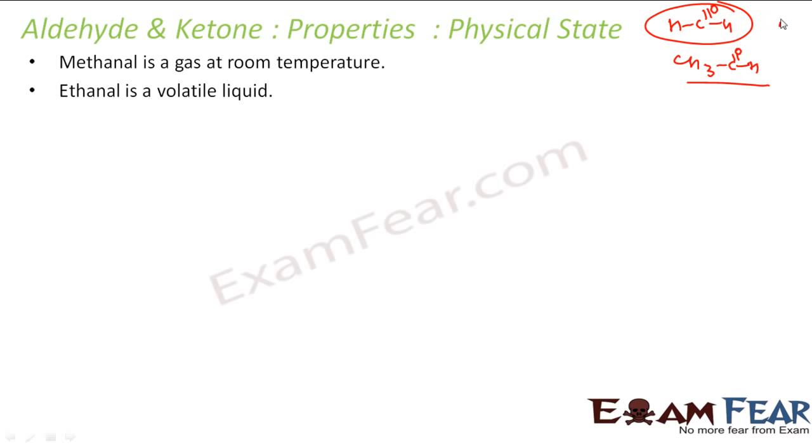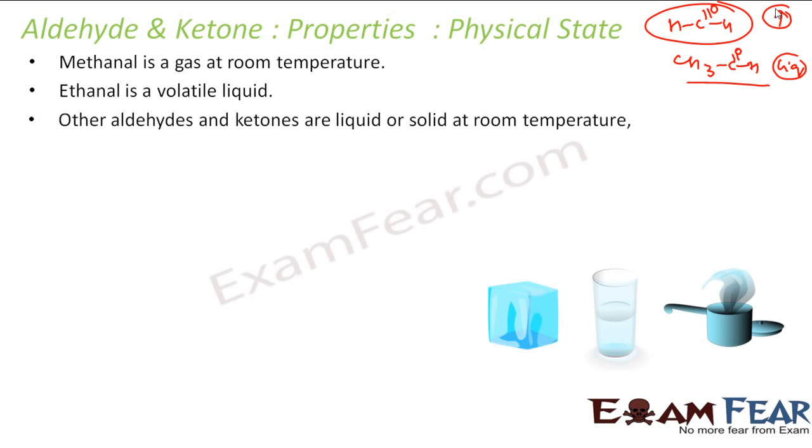So this one is a gas, this one is a liquid. Correct? And the other aldehydes and ketones which you have are solid. So the lower ones are generally gases, the middle ones are liquids, and the higher ones are generally solids at room temperature. So that is the trend.